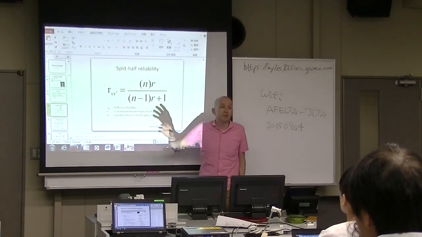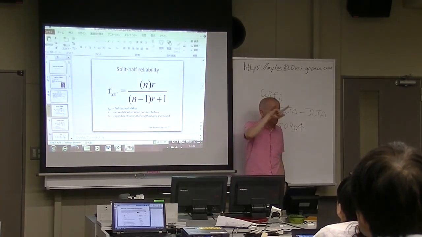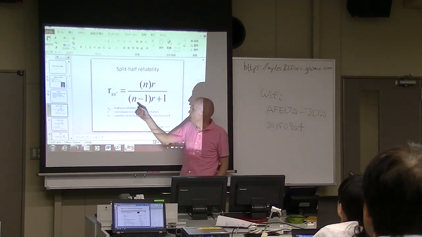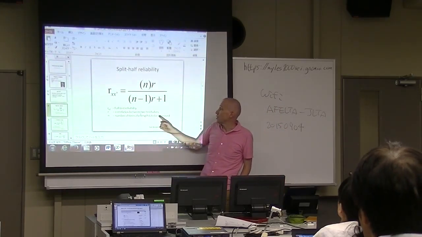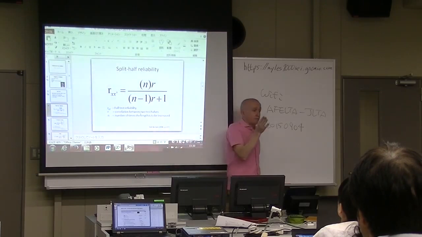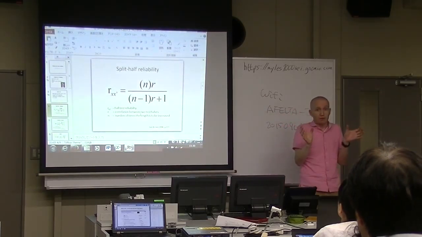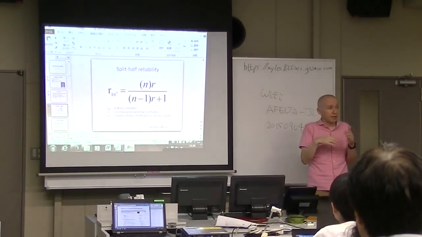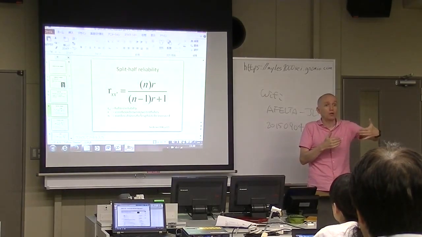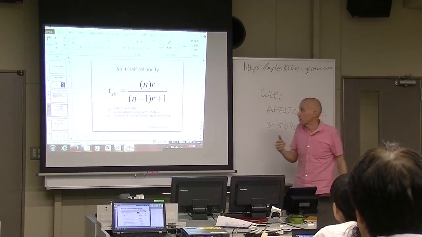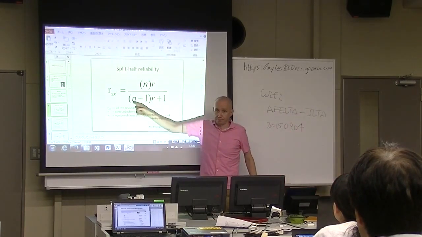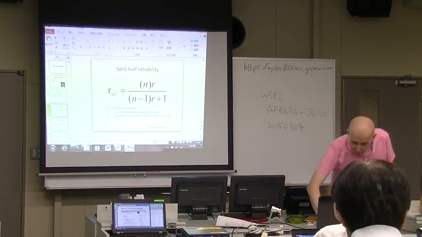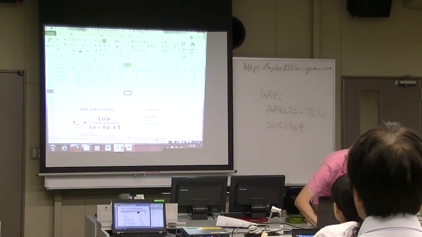This is the correlation between the two test halves, which we do using that Pearson formula again. N is the number of times the length is to be increased. So if we've taken two halves of a test, then we have to multiply the test by 2 to get back to the old length. So we squeeze that number back in here. Right. Let's take a look at the worksheet.